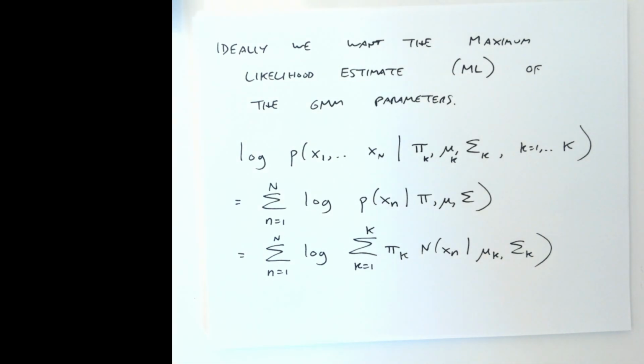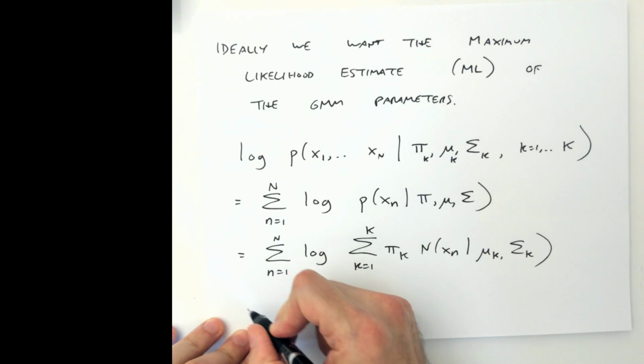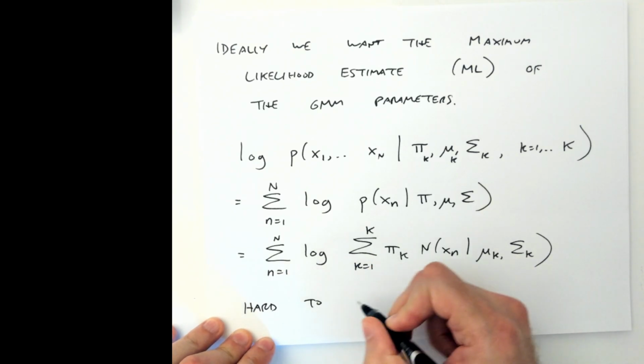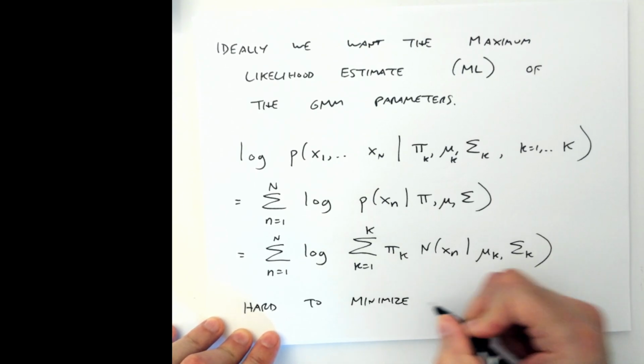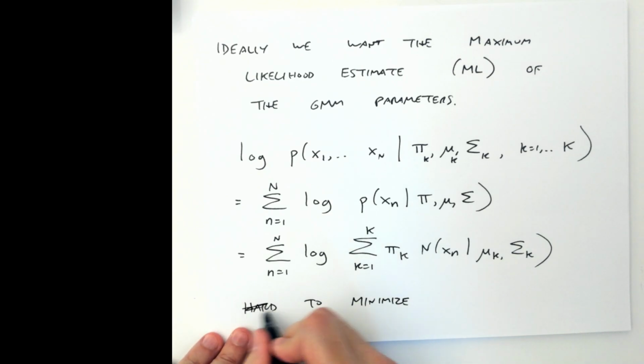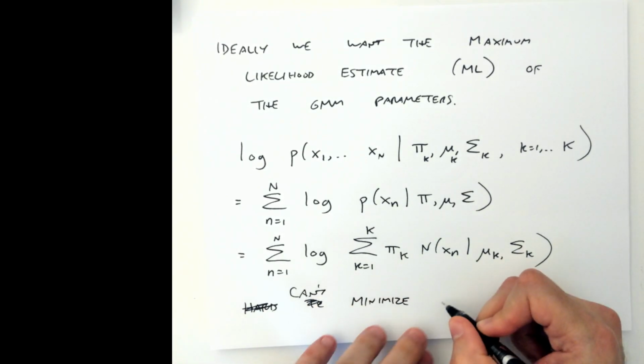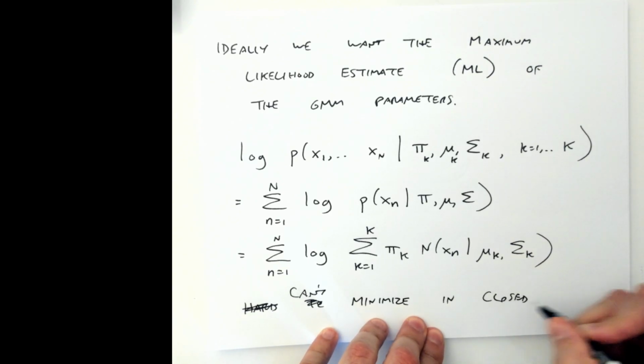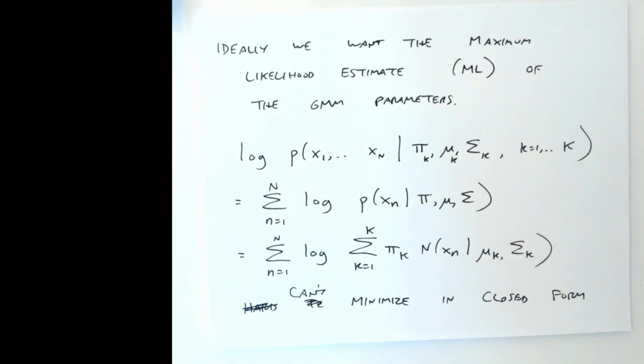So this is hard to minimize. I can't minimize it in closed form, meaning that if I had one Gaussian, I could give you a formula for mu and sigma, but I can't do that when I have this sum in the middle.